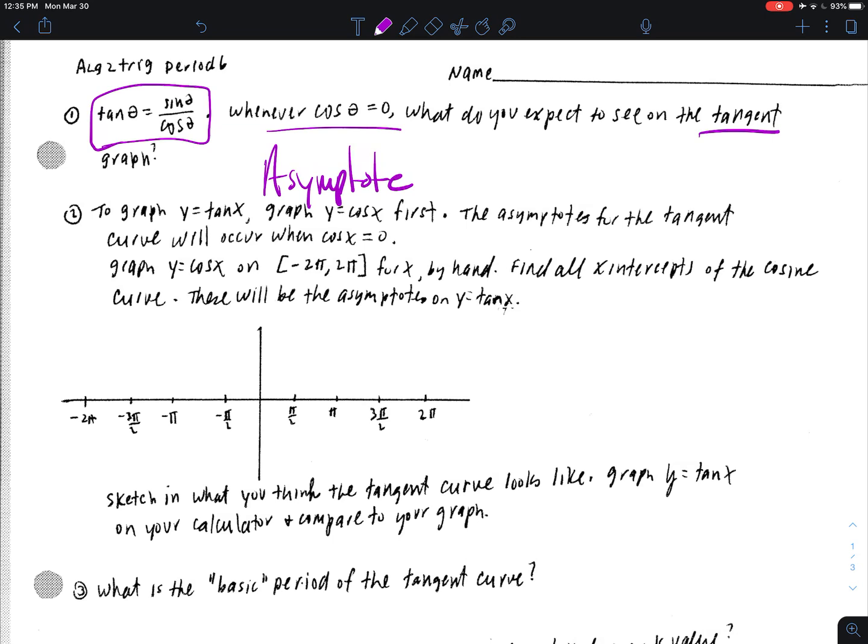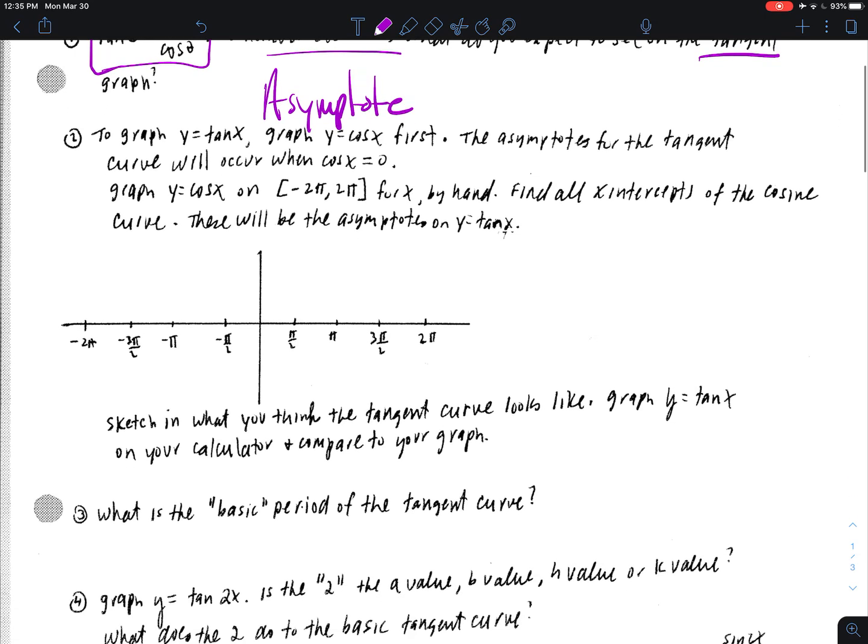When that's true, you're going to have asymptotes there. So if we look over the course of negative 2 pi to 2 pi, we'll sketch that out.